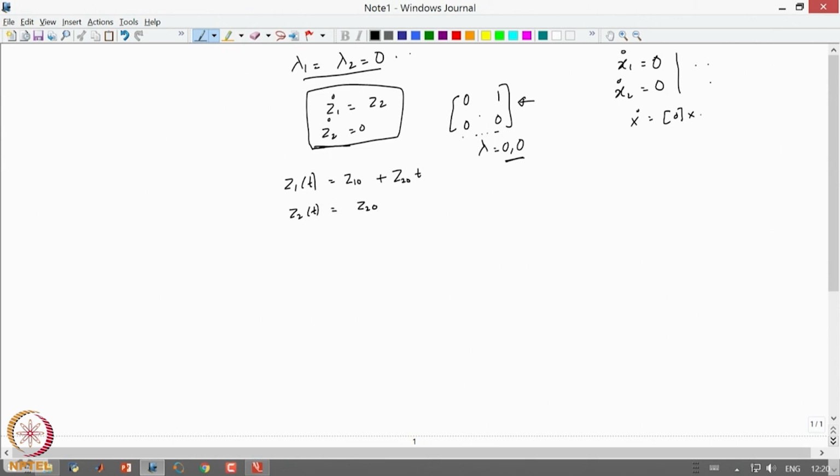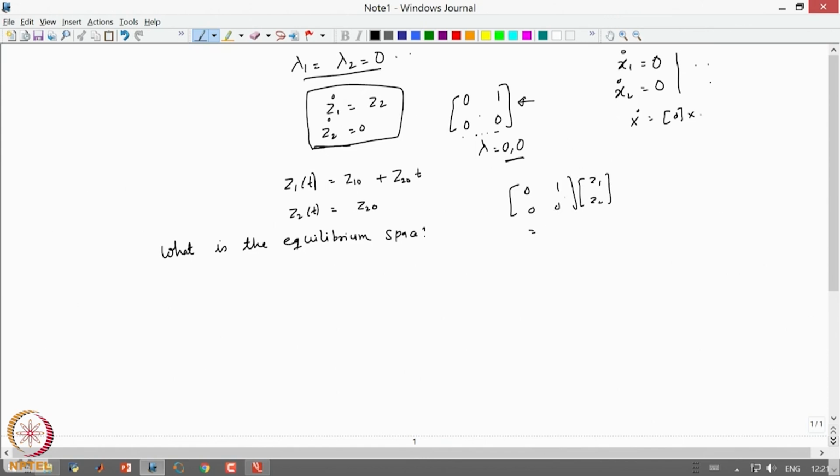Okay. Now, what is the equilibrium space? In this case, you can check easily. I am just looking at the solutions for Z1 and Z2.